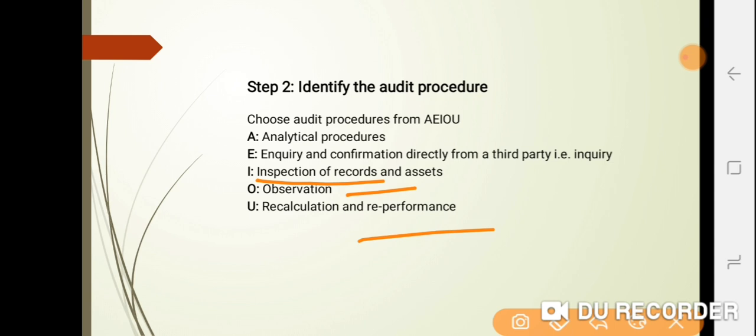Computation or recalculation provides a high level of assurance regarding arithmetical accuracy. That means whatever calculations you have already done, you are doing the recalculation again so that you get arithmetical accuracy. Then the reperformance technique may be performed manually or through the use of computer assisted audit techniques. Okay, so this is with respect to step 2.